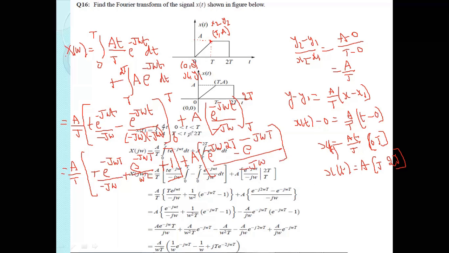Okay, my dear students. Now simplify the equation. Multiplying with the T here, A into, now I'm multiplying the T inside A into. T gets cancelled here.